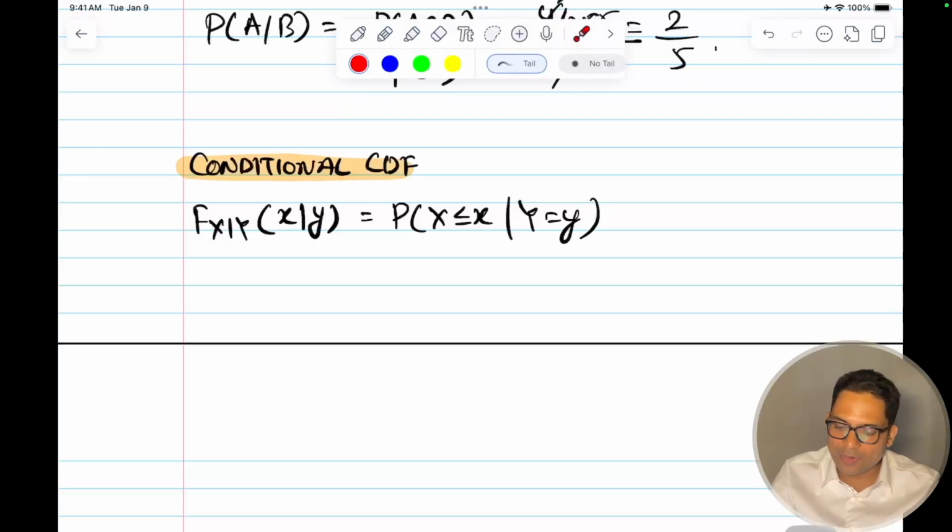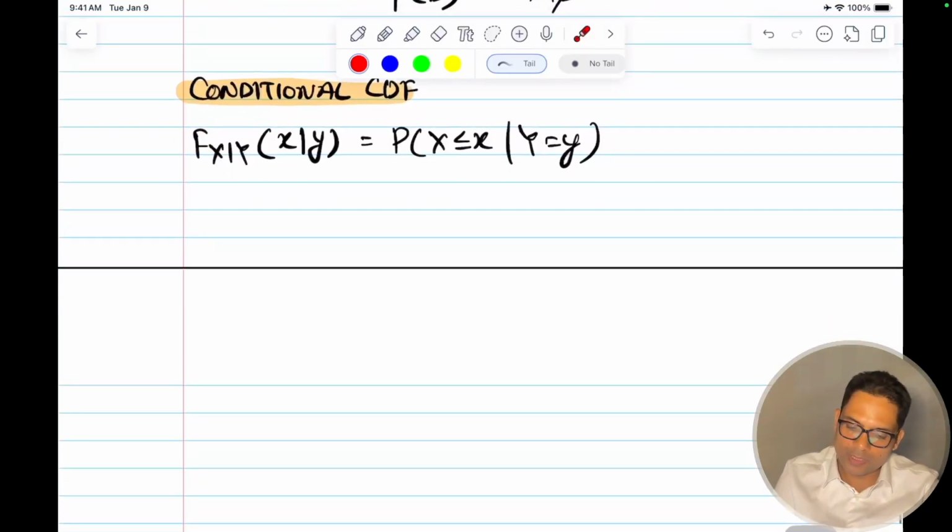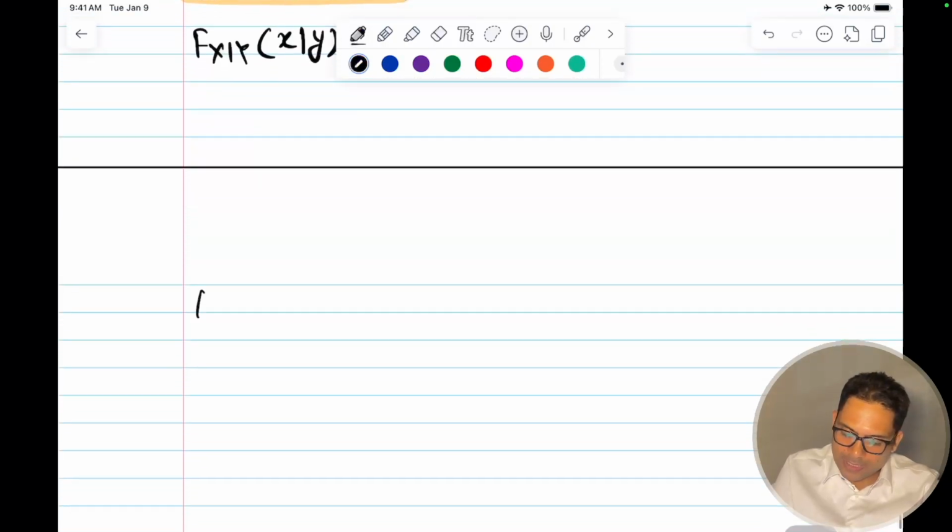Here y is fixed, and now we take the probability of all the values of X less than or equal to x. So the accumulation is happening on the X variable only, and y is fixed, y has happened. Now what is the probability of getting all the possible values of X less than or equal to x? This is what the conditional CDF will give you. Okay, so the discrete case.